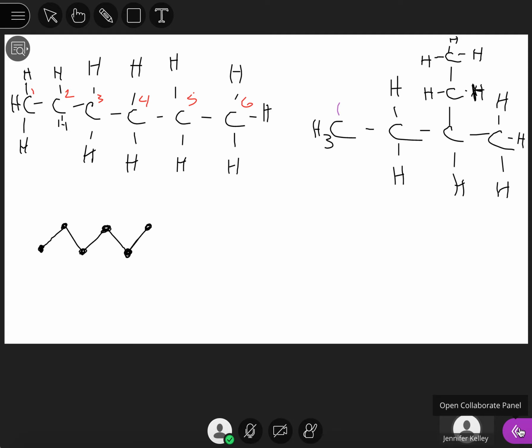Right. Now let's take a look at the other one. It's got 1, 2, 3, 4 in a row. We'll get to the other 2 in a second. So we got 1, 2, 3, 4. And then looking at these, on the third carbon from the left, which is this one right here, we have 2 more carbons that go up from there.